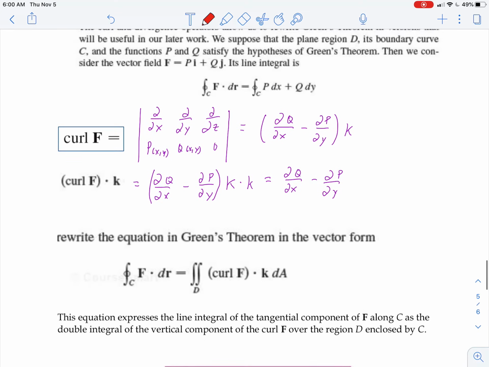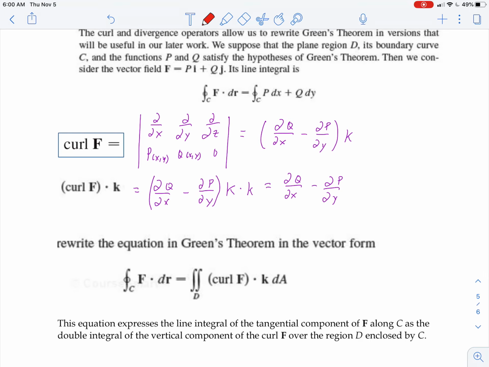And so instead of saying the partial of P dx plus Q dy, we can change this to the double integral of curl F dot k dA.